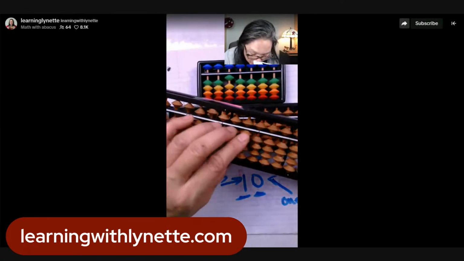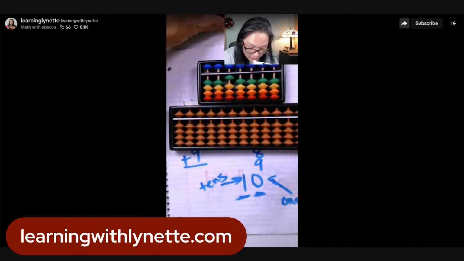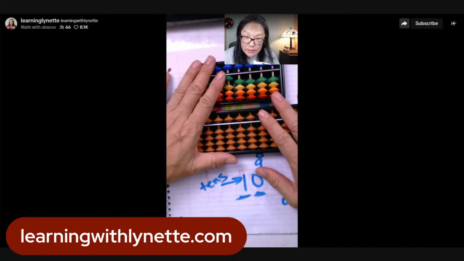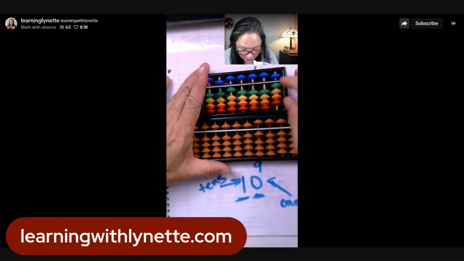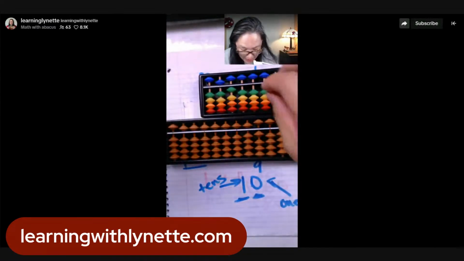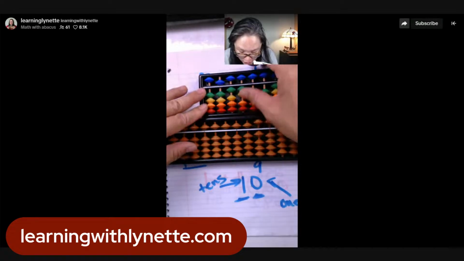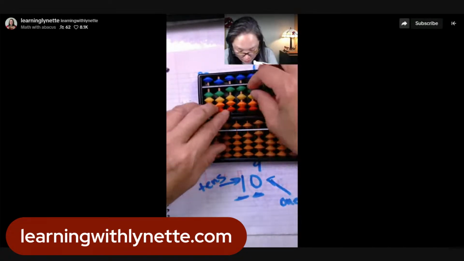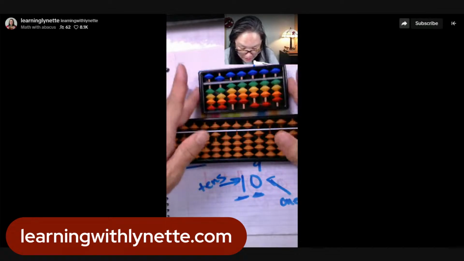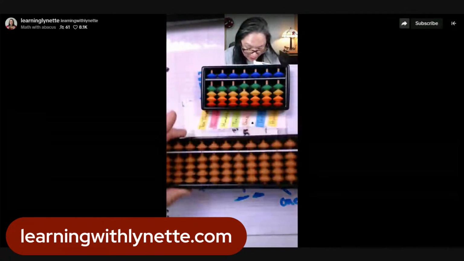You don't need to be delicate because it's plastic, but you do need to be gentle when you move the abacus because it's like a rattle. You bump it and then your answer becomes wrong.